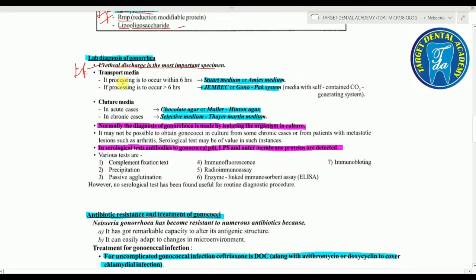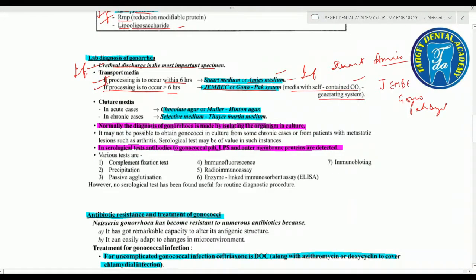For transport media, if processing is to occur within 6 hours, then the Stuart medium or the Amies medium is used. Important. If processing is to occur after more than 6 hours, then JEMBEC or the Gonopak system, which is a medium with a self-contained carbon dioxide generating system, is used. Important.